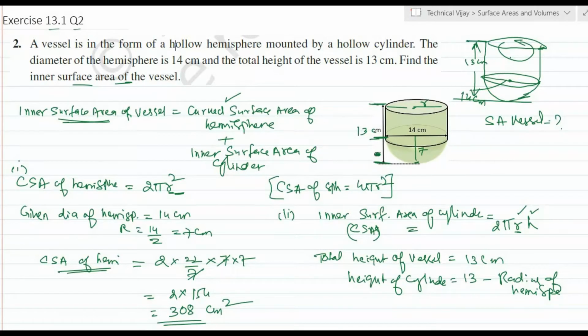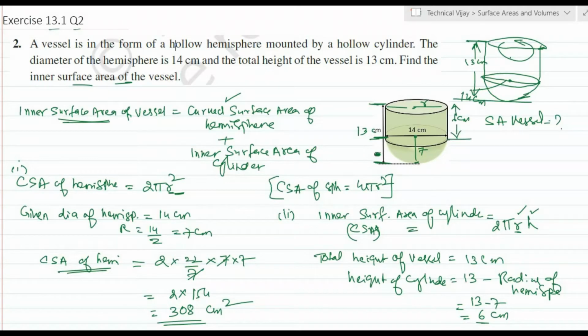This diameter is 14 centimeter, so the radius is 7 centimeter on all sides. So 13 minus 7 is equal to 6 centimeter. So this is the height of the cylinder.